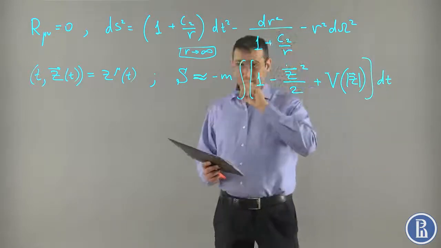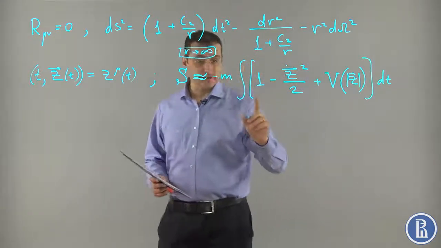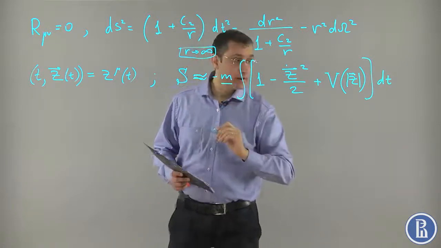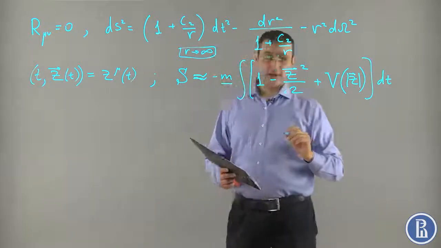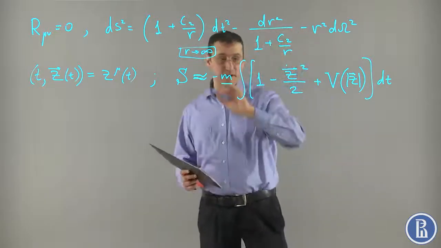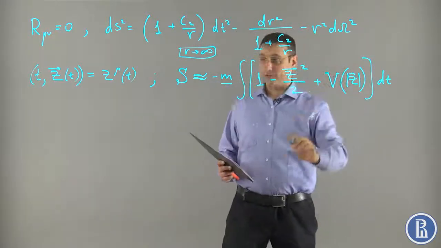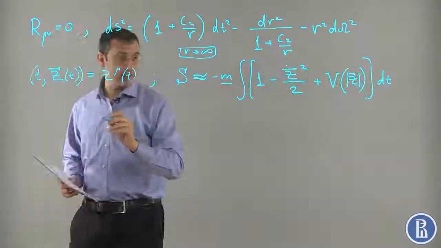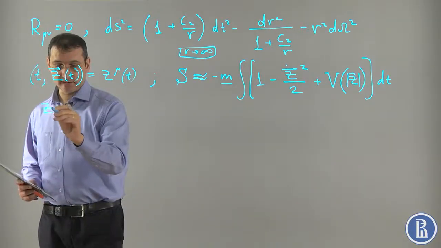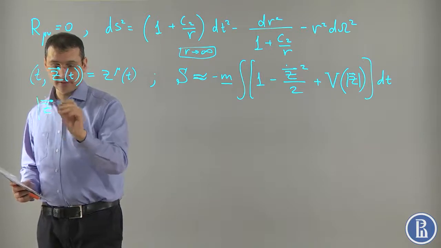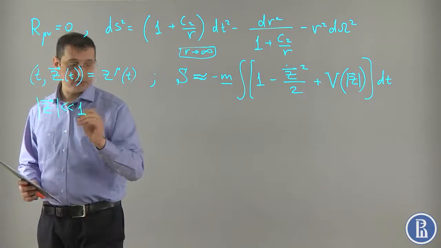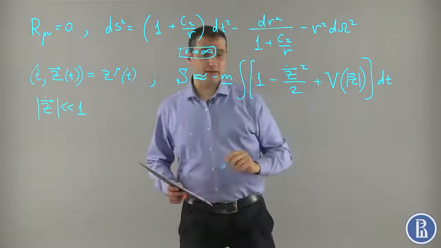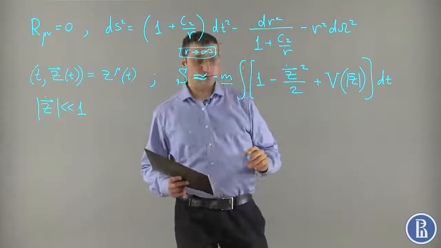So let me stress again, we consider a particle of the mass m interacting with this gravitational center, very far from it, and for very slow velocities. So we consider that z dot is much less than 1. So this is an approximation of the relativistic action.